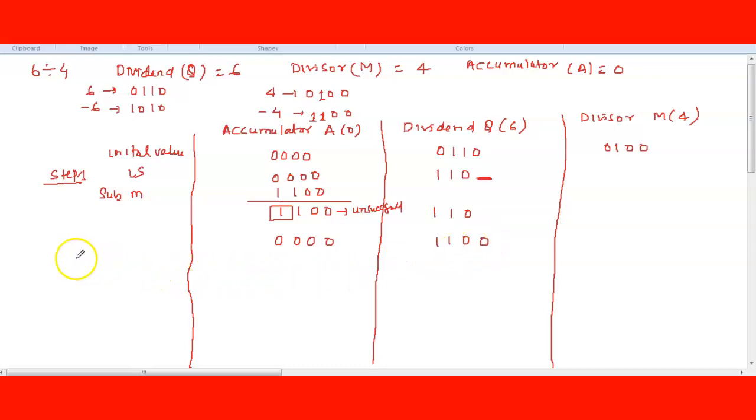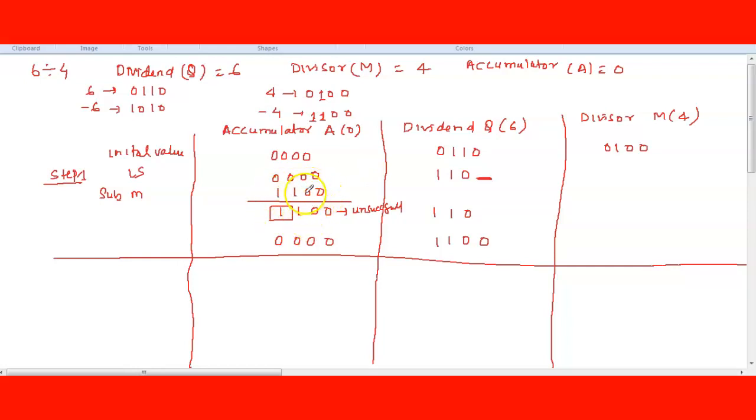Okay, so step 1 is over. If any doubt, then comment here. What I told here: this 1 indicates this number is negative. Whenever the number is negative, you have to perform the restoring by adding the divisor.